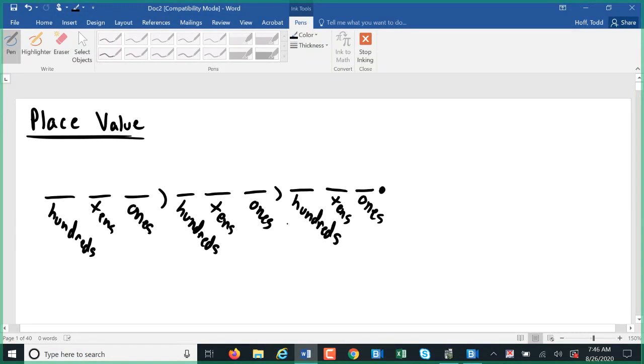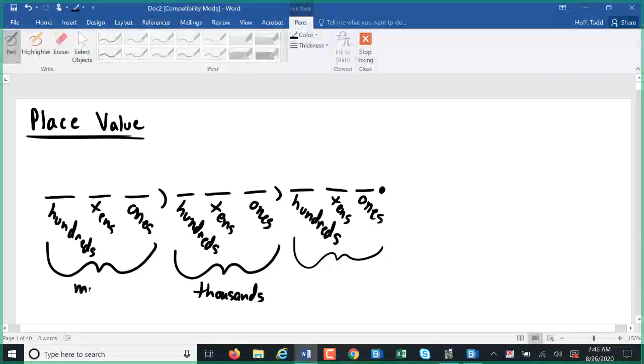And then, of course, these first three here are just what's called the base group. The next three are the thousands group. And the next three, millions group.